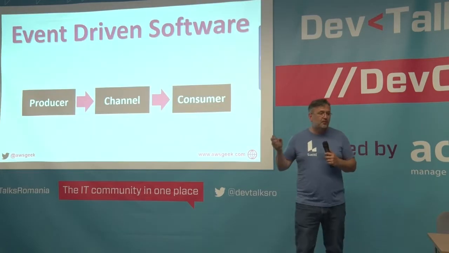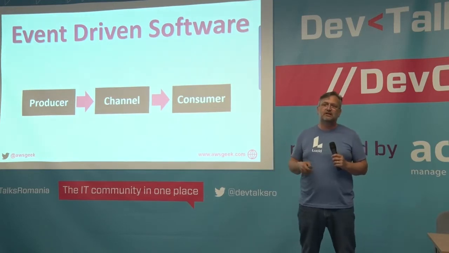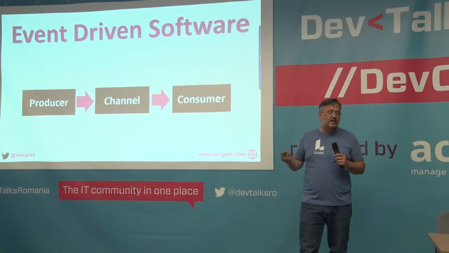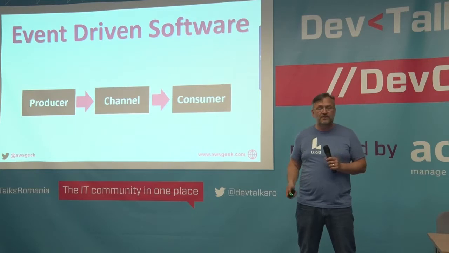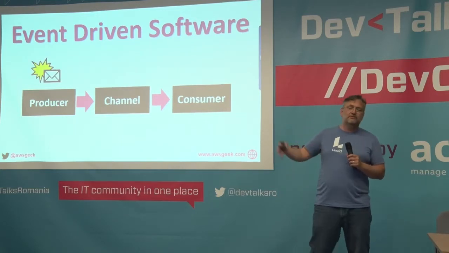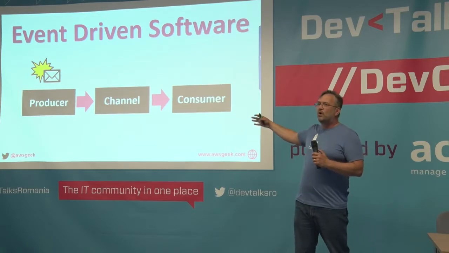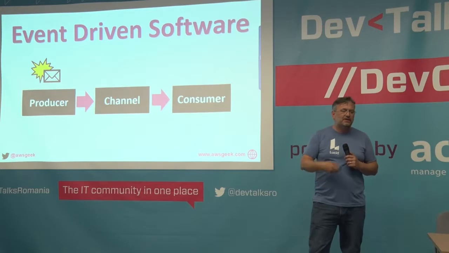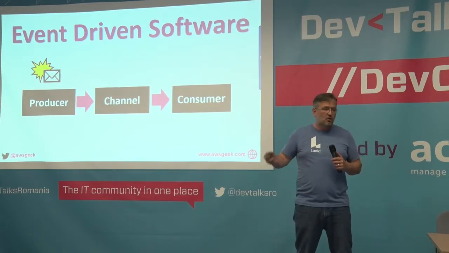So today I want to talk about event-driven software and how this design pattern can help us solve some of the DevSecOps problems that we're seeing. At a real high level, event-driven software is composed of three components. The names change depending on what text you look at, but typically it's composed of a producer, a channel, and a consumer.